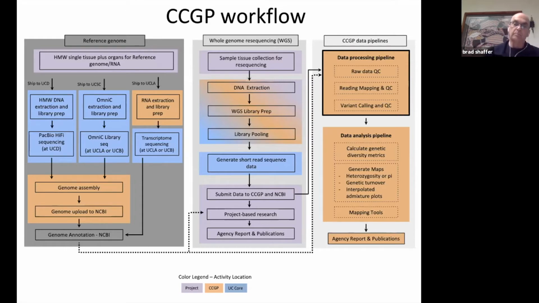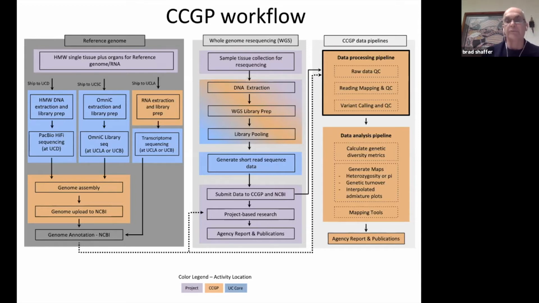What you supply are samples collected in a uniform way. And depending on who does the work, either we do some work and our UC core sequencing facilities create the raw data, or you do some of that work and retain the funding to do it.